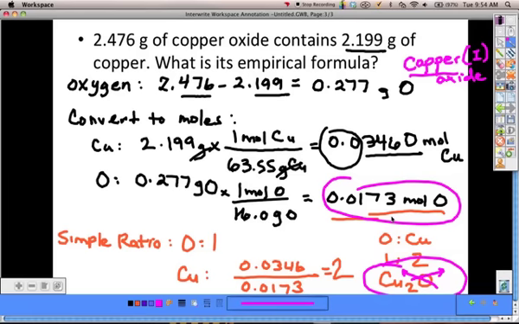If it does not, like if you get a 2.5 to 1, then we're going to have to multiply each of them by 2 to get our lowest value, which would be 5 to 2. Sometimes that'll happen, but it'll be nice, easy numbers to work with. Good question.